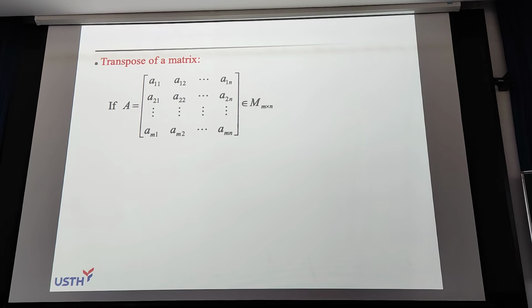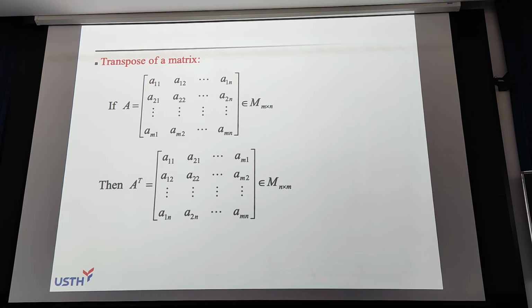Given a matrix A like that, we change rows into columns and columns into rows. That is transpose. Then the transpose of A, denoted by A to the power T, is like that. We take the first row of A and move it into the first column of A^T.